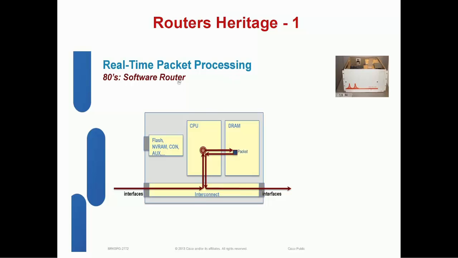In the 1980s, when the first router was made by Cisco, they took a normal computer. Look at this, it had a CPU, a DRAM, and then flash, NVRAM, and then console, and auxiliary ports, etc., which is normally what you get in your regular PCs.